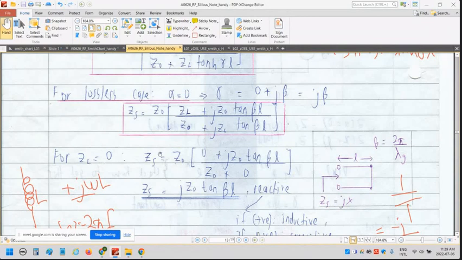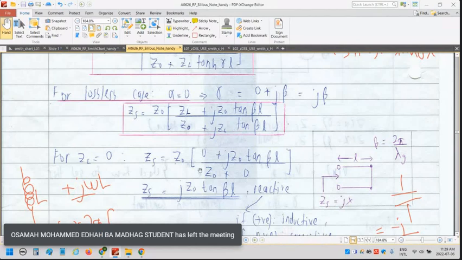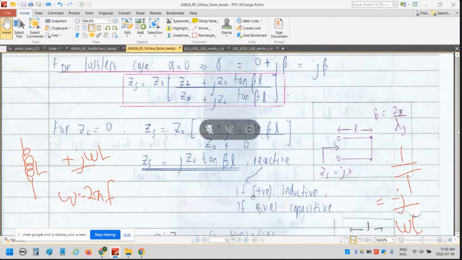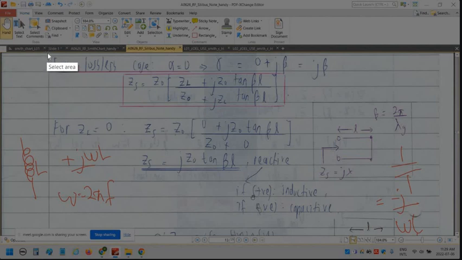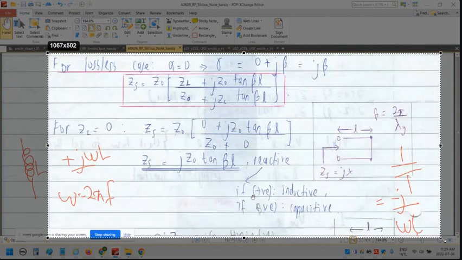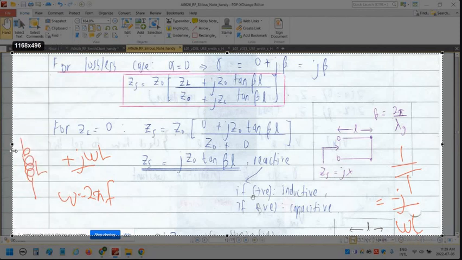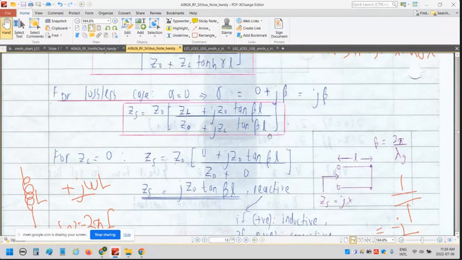From this formula you just put 0 inside, and whatever you multiply by 0 you get 0. So you get jZ0 tangent beta L. This one is reactive, meaning it is inductive because of the positive j. If it were negative, it would be capacitive. Write down this formula.